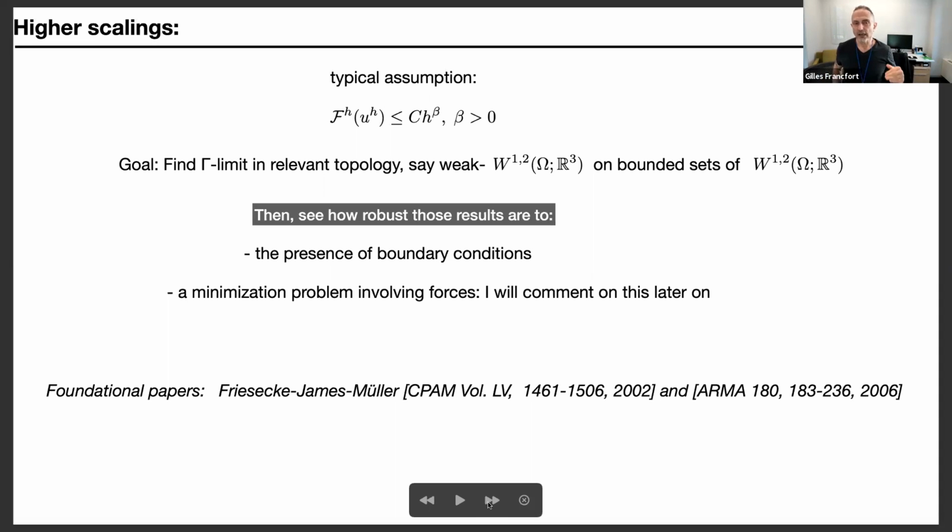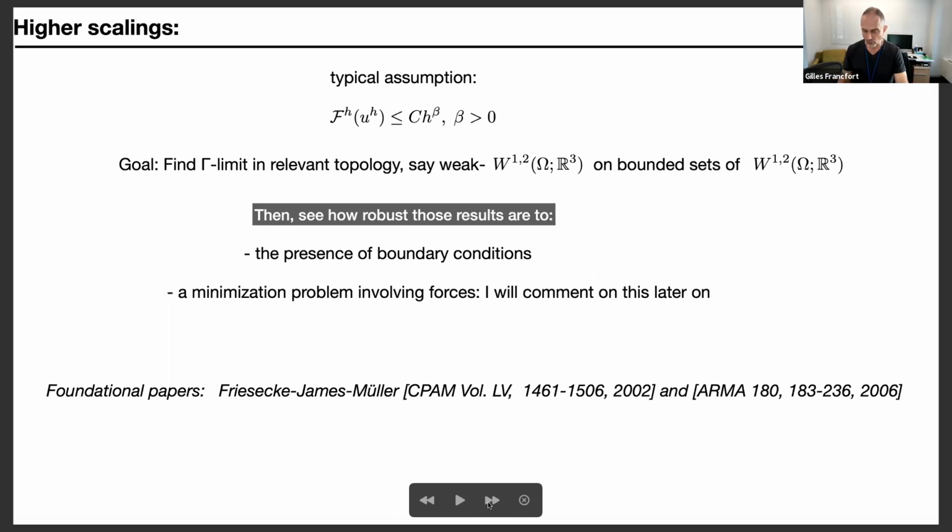And see how robust those results are to various things, to boundary conditions, or if you set them up as minimization problems. And I will comment on this later. And for this, the two foundational papers are those of Friesecke-James-Müller, and you have the references.